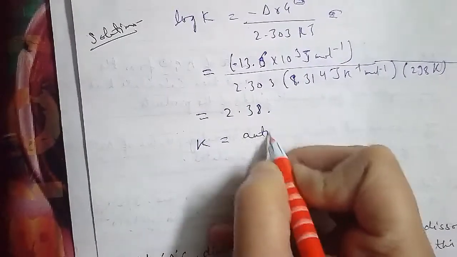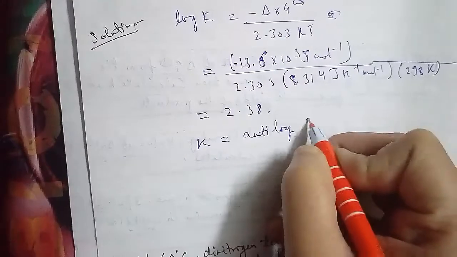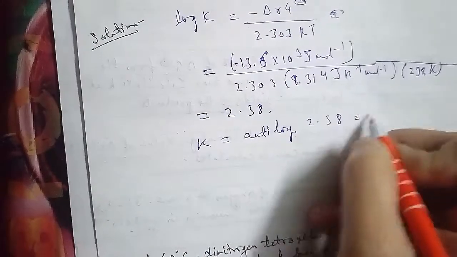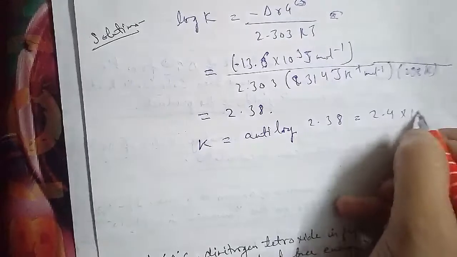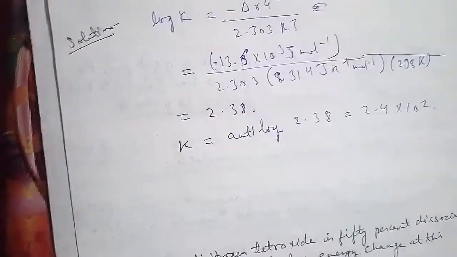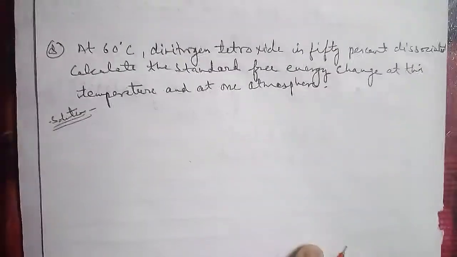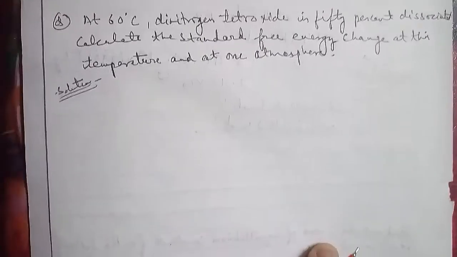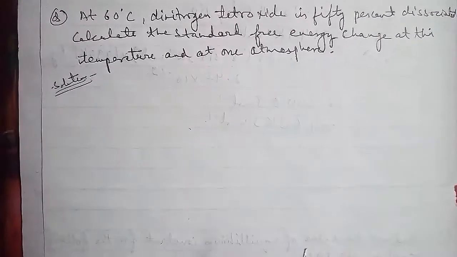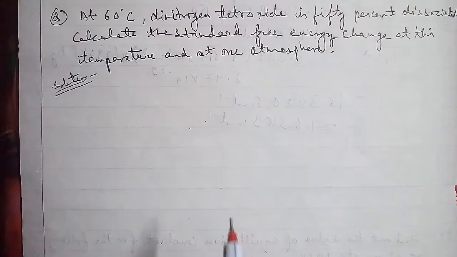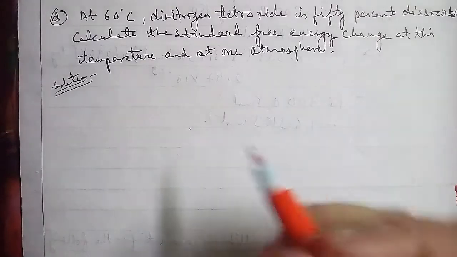Now moving ahead with the next question, which is the last question of the session as well. After completing this we'll complete the thermodynamics chapter, and in the next class we'll start with equilibrium. The question is: at 60 degree Celsius, dinitrogen tetraoxide is 50% dissociated.